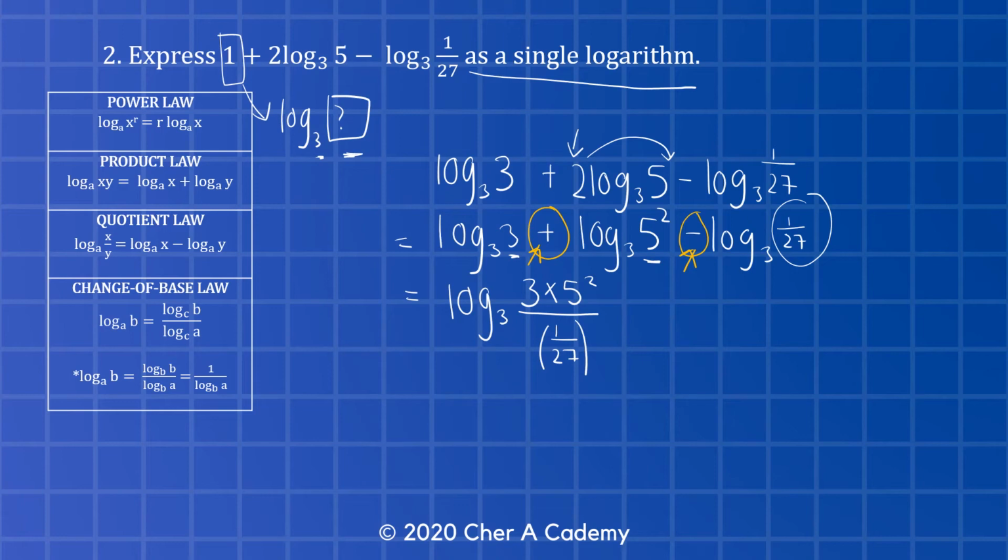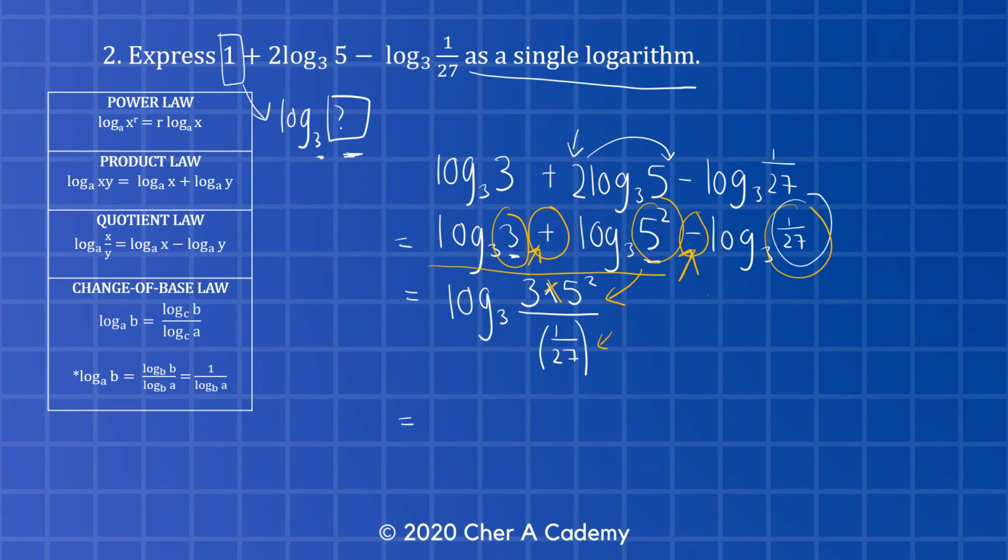Okay, so let me repeat that. Log base 3 of 3 plus log base 3 of 5 square is at the top with a multiply sign, and then because of this minus sign, I'll use the quotient law. So this whole thing minus this, so this one goes to the bottom.